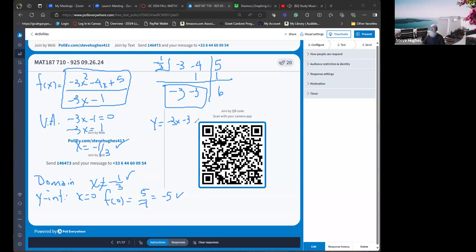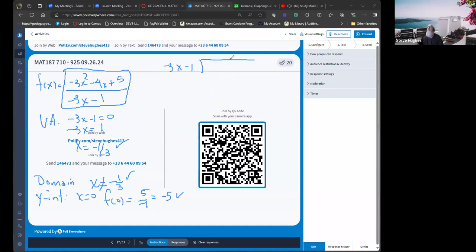Now let's see if we did that right. Let's check our long division and see if we did this correct. Negative 3x minus 1 divided into negative 3x squared minus 4x plus 5. All right, negative 3x goes into negative 3x squared. That would be x right there, right?